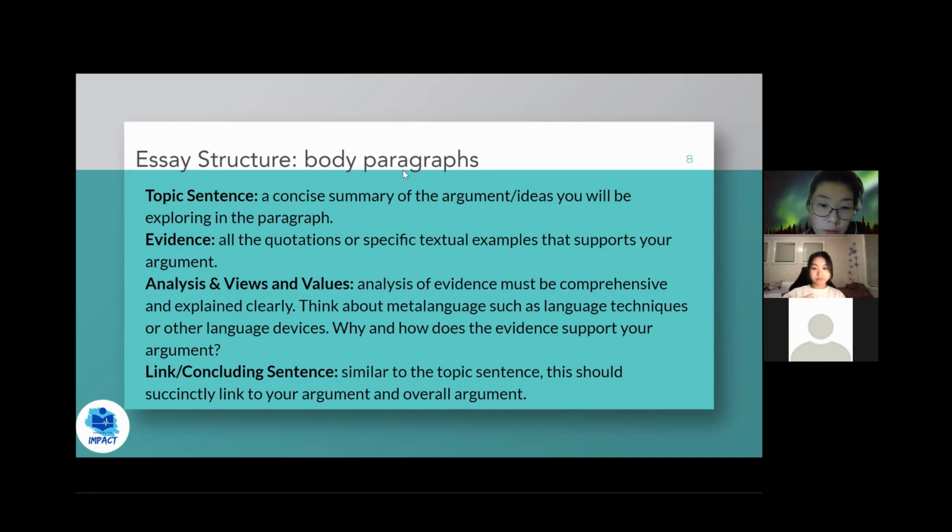Then we have a linking sentence that should hopefully summarize the evidence and analysis, and then also link to the next piece of evidence. Next slide should be a bit of an example.